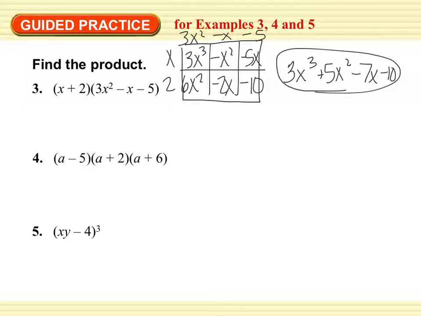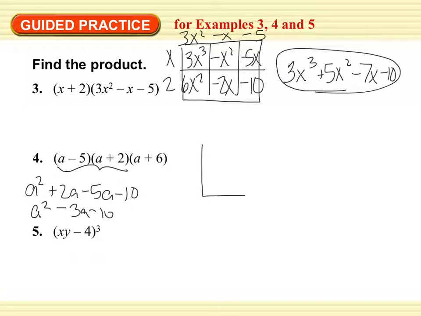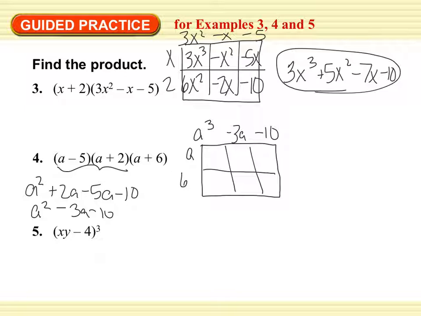Here I've got 3 binomials, so if I do the first 2, first, outer, inner, last. Collect like terms. A squared minus 3a minus 10. And then I'm going to set up the box. On the top, I'll do the trinomial. And along the side, the binomial I haven't done yet.